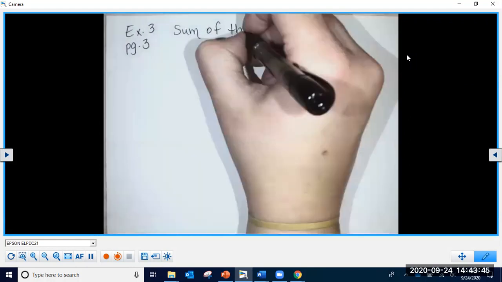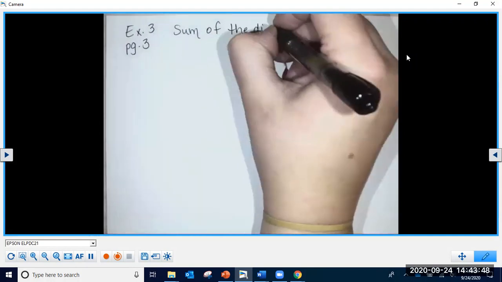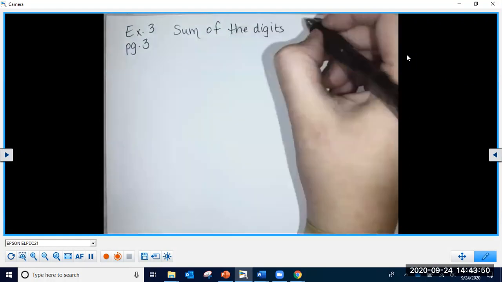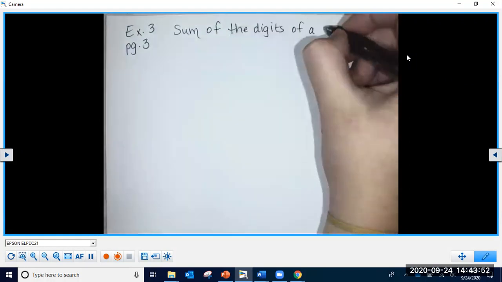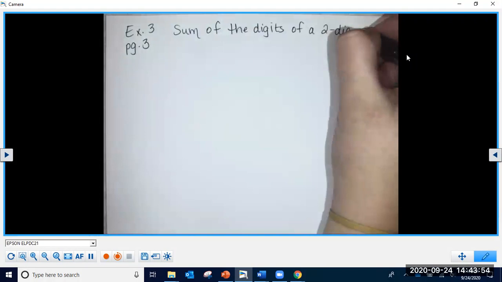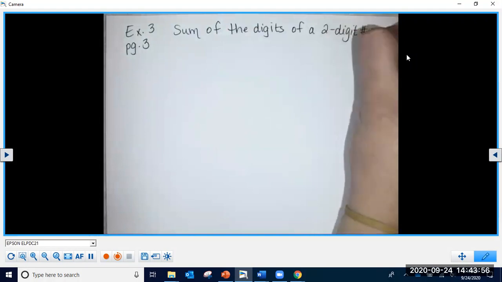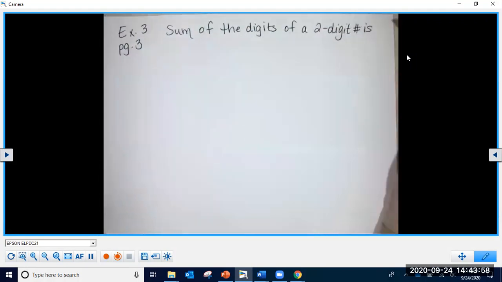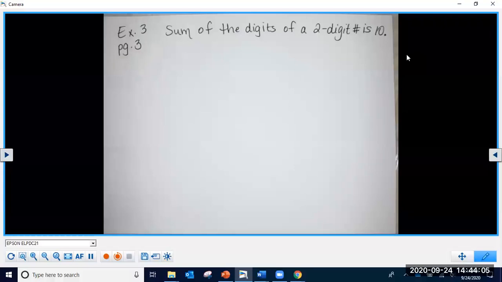Sum of the digits of a 2-digit number is 10. And the sum of the digits of a 2-digit number is 10.